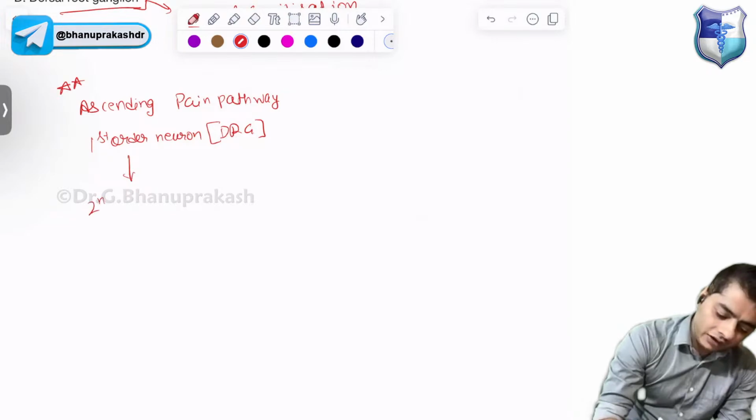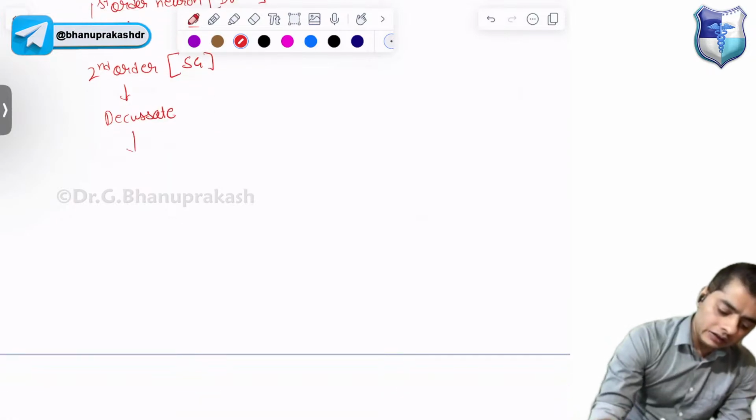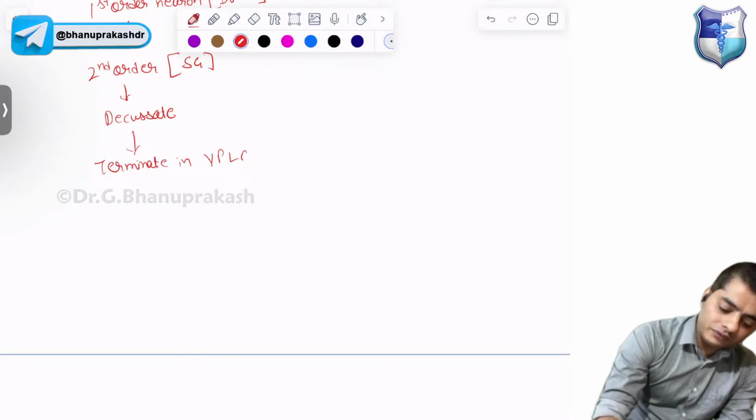Then comes the second order neuron at the level of substantia gelatinosa. Then they decussate. Okay, it will move upwards. They terminate in the VPL of thalamus.